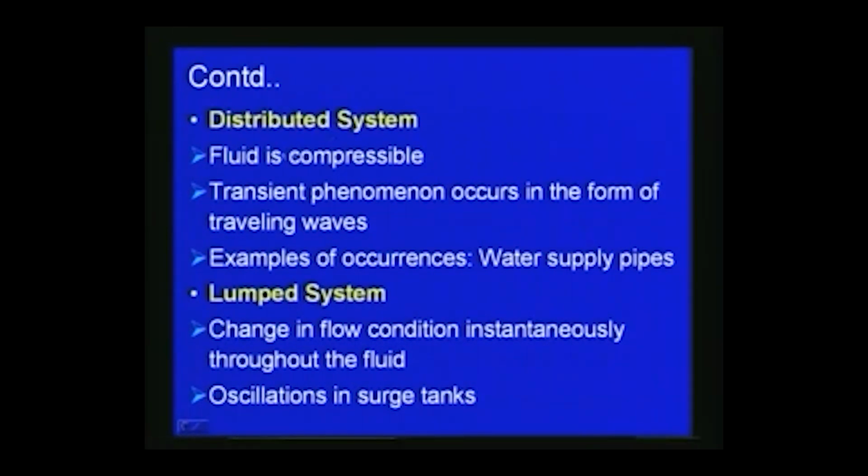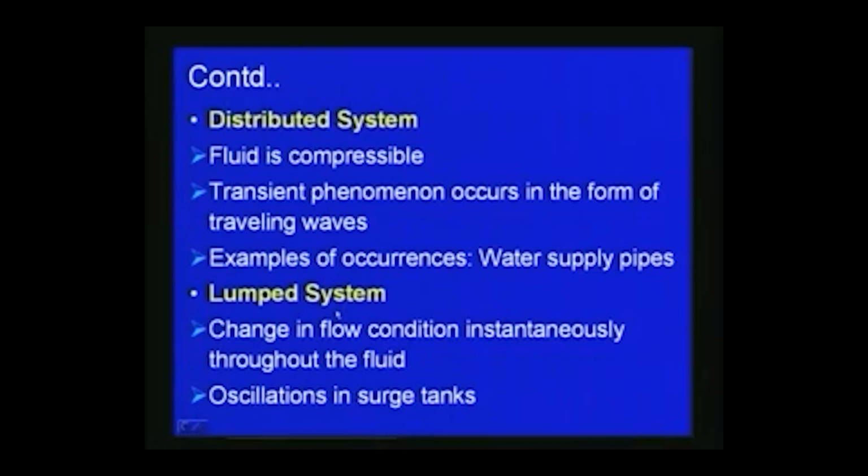As far as a distributed system is considered, we will derive the fundamental equations by assuming the fluid is compressible and the transient phenomenon occurs in the form of traveling waves. An example is water supply pipes, where due to sudden closure of a valve we get the hydraulic transients. That is the case of distributed systems.